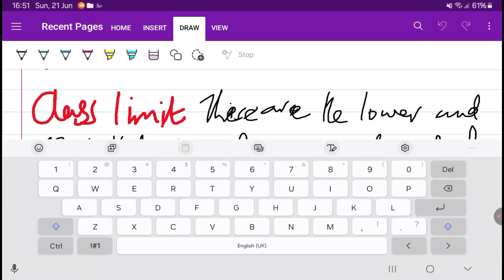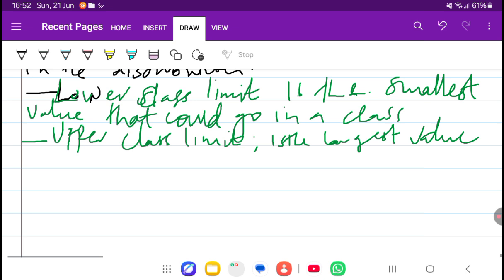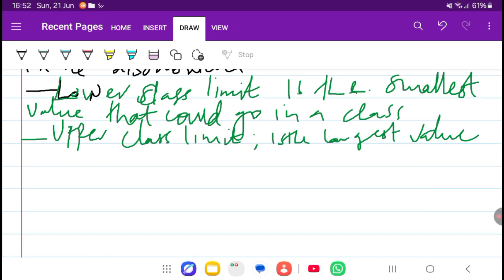But if they are exclusive classes, then it is the highest value of a given class that could go in the preceding or in the next class. It is the largest value that could go in a class.